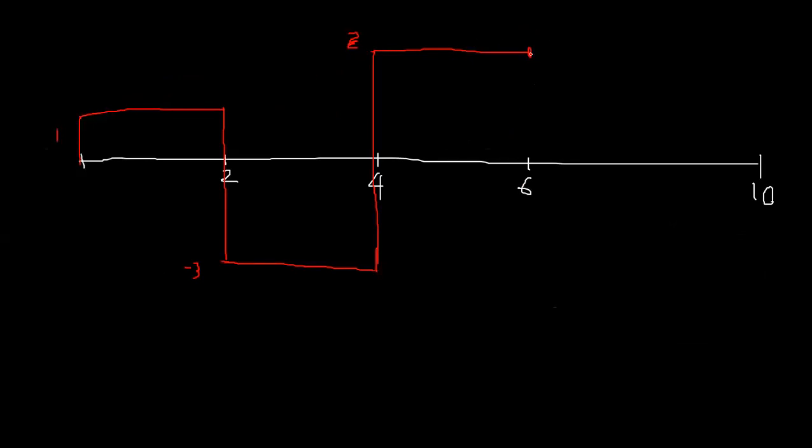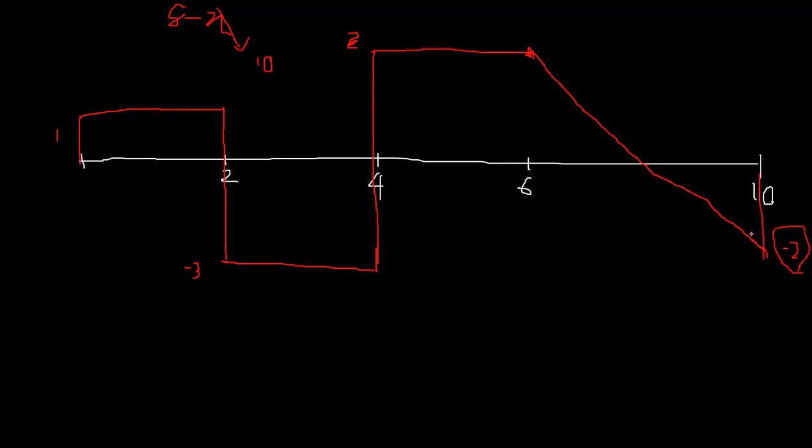As x is increasing gradually, 8 minus x would decrease, looking like this. At x equals 10, it would be minus 2.